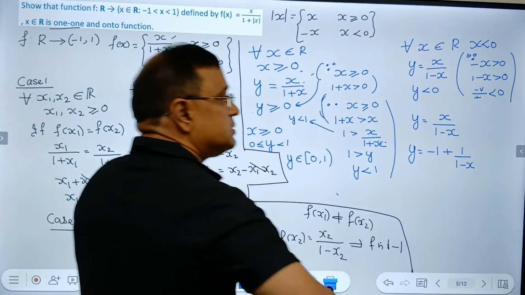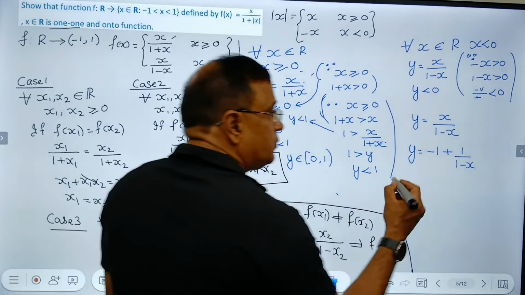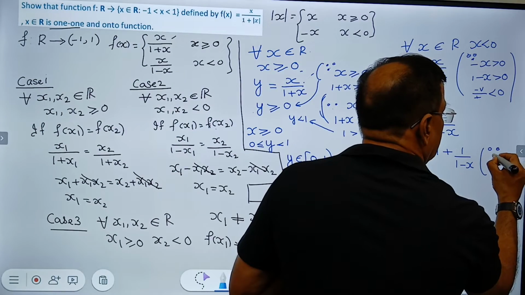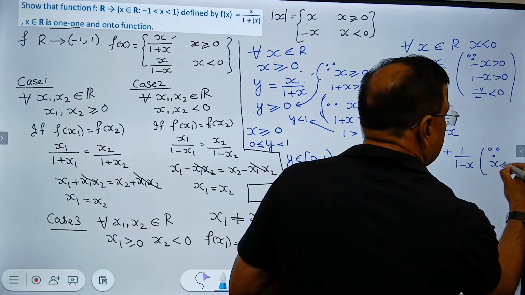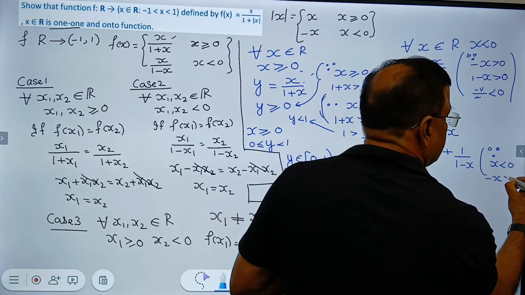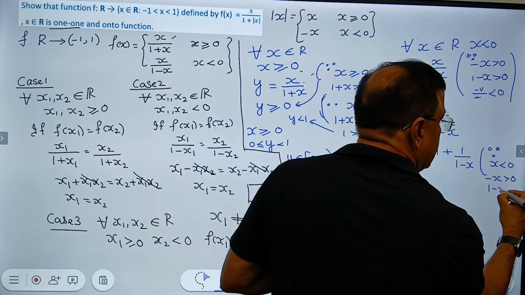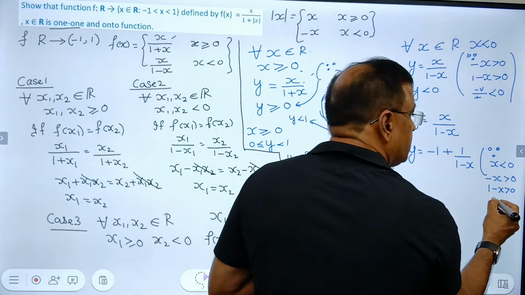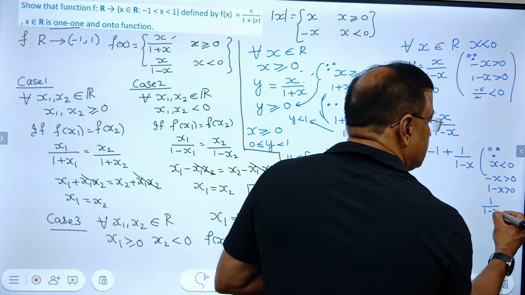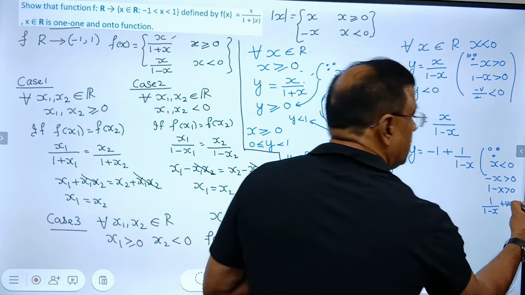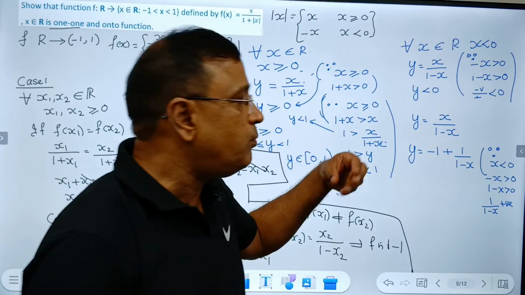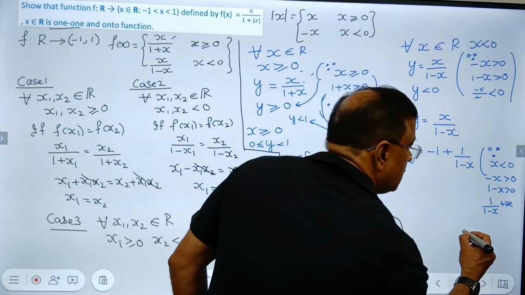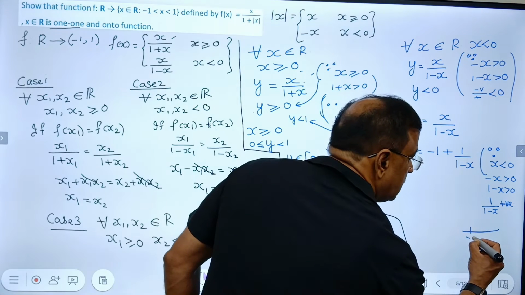Then this argument is a little complicated. Listen carefully. You see, x is negative, minus x is positive, 1 minus x is positive. So numerator is positive, denominator is positive. So 1 by 1 minus x is a positive quantity. You see, this is minus 1.